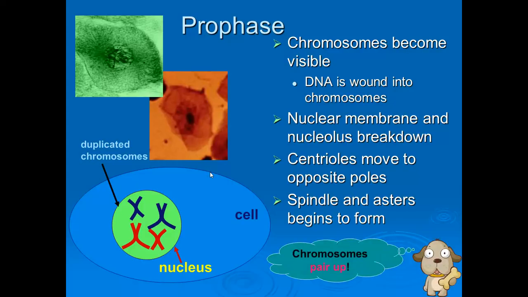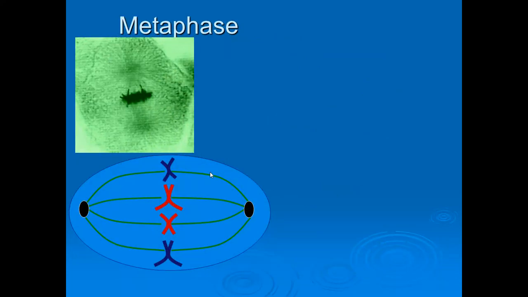Metaphase. Here's the classic metaphase picture: lining up. The chromosomes condense and move towards the center of the cell and line up. You're going to have spindle fibers developed and attached to each chromatid.